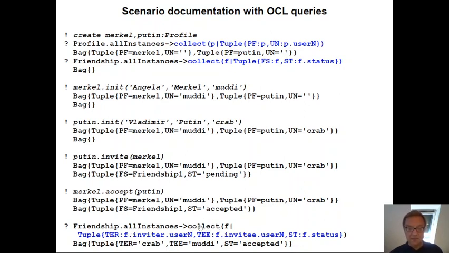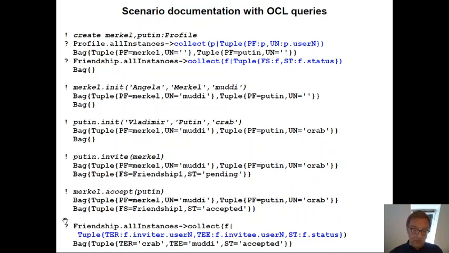It's a collect over all friendships, and the tuple that is built here has three components, namely the username of the inviter of the friendship, the username of the invitee of the friendship, and the status of the friendship.